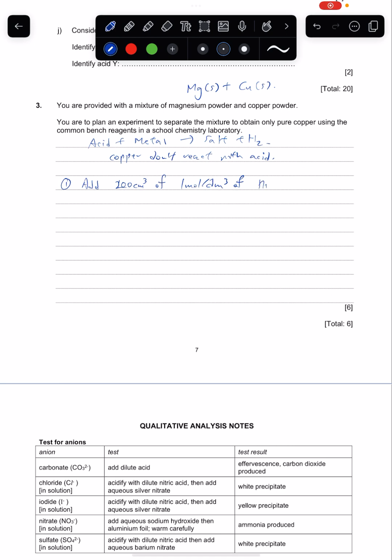Nitric acid, very safe, nitric acid solution in your conical flask. After that, we will add your solid mixture in and stir until no more solid dissolves.